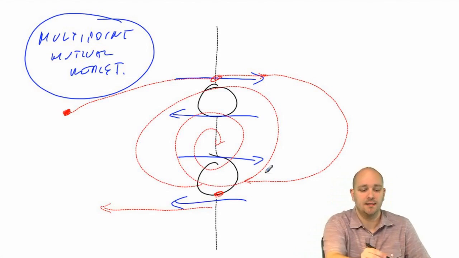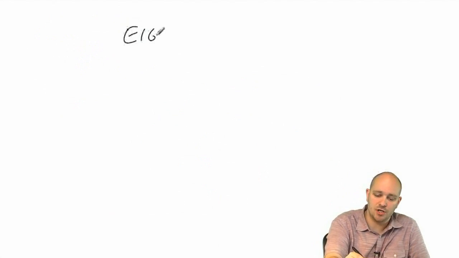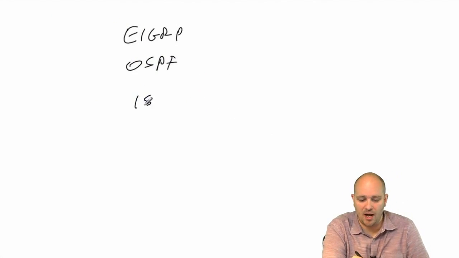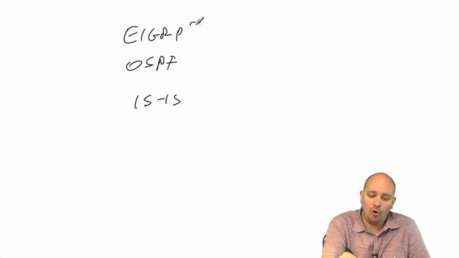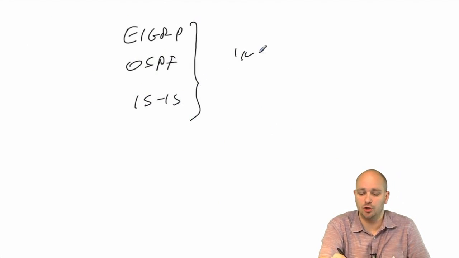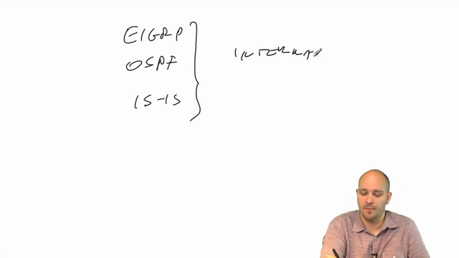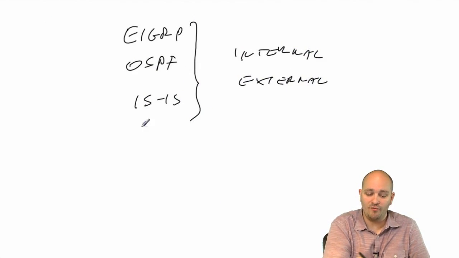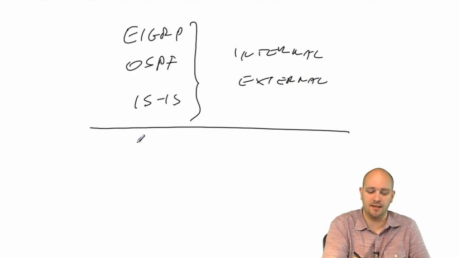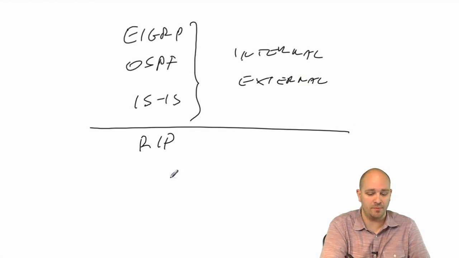Now, keep in mind that most of the routing protocols you are ever going to deal with, like for example EIGRP or OSPF, or for that matter IS-IS, they all make a distinction between internal protocol routes and external protocol routes. However, there is one protocol that doesn't make that distinction, which is RIP, and also to some extent BGP.